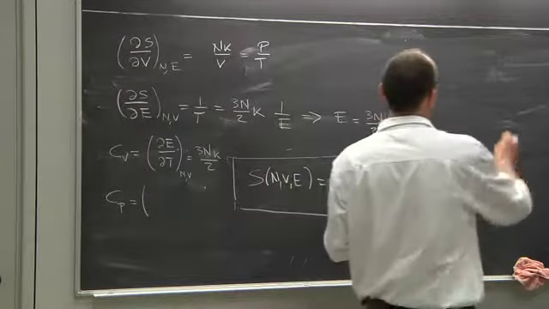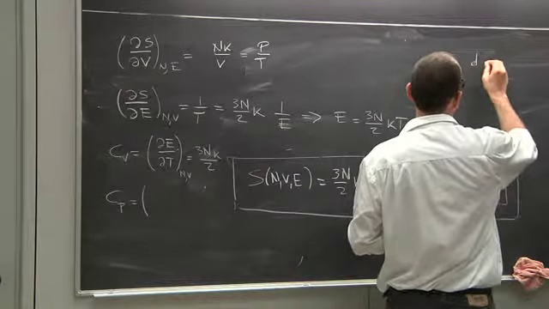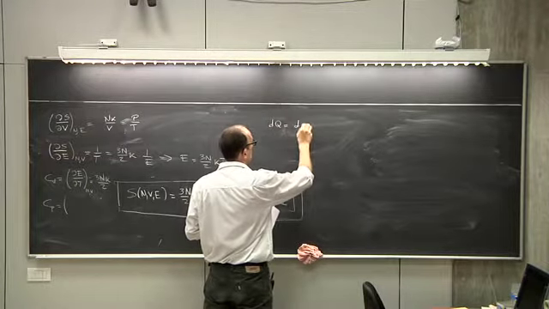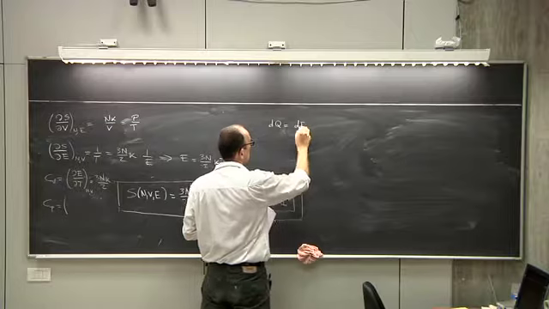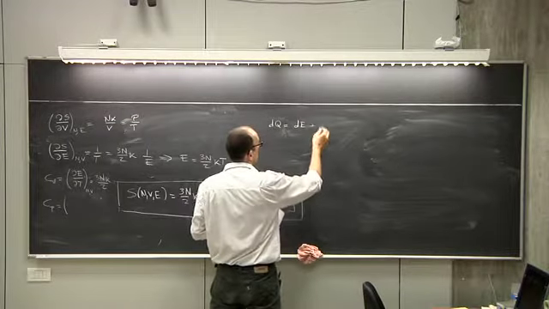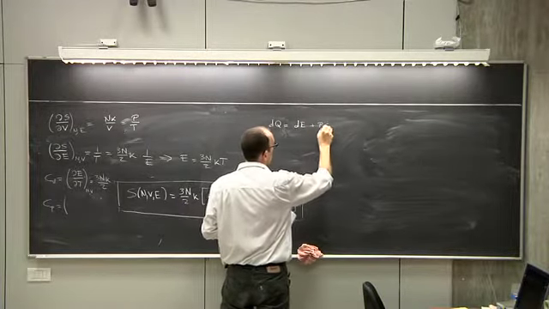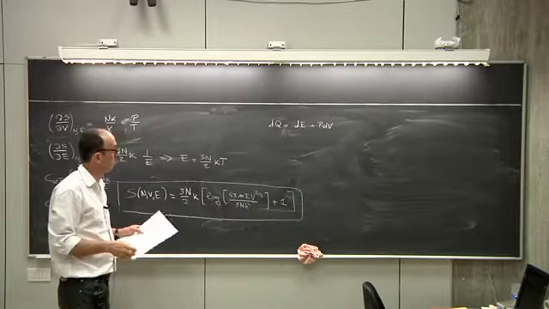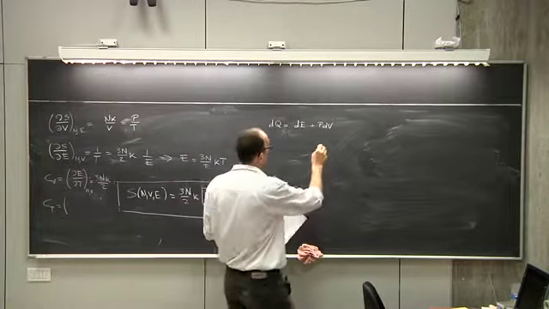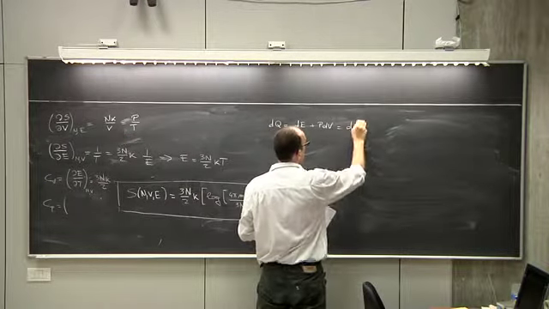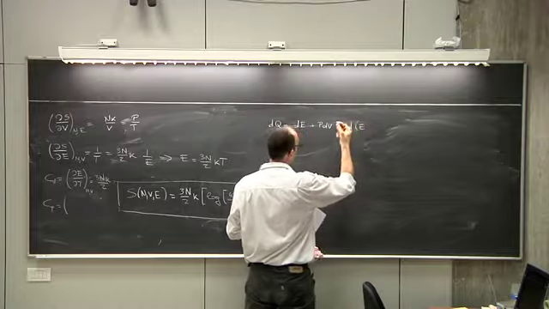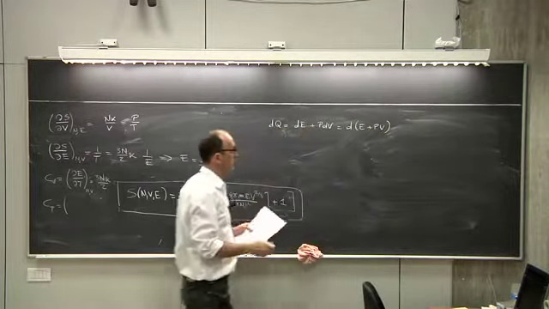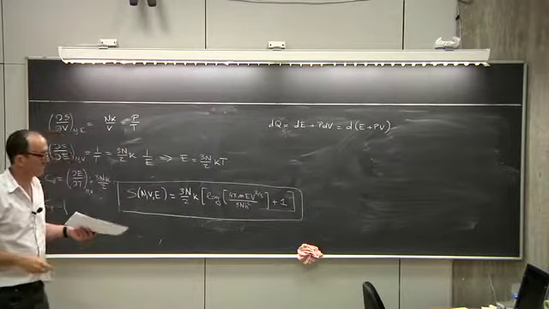So the heat will be the change in the energy minus the work done on the system, and this is the differential at constant pressure of E plus PV.